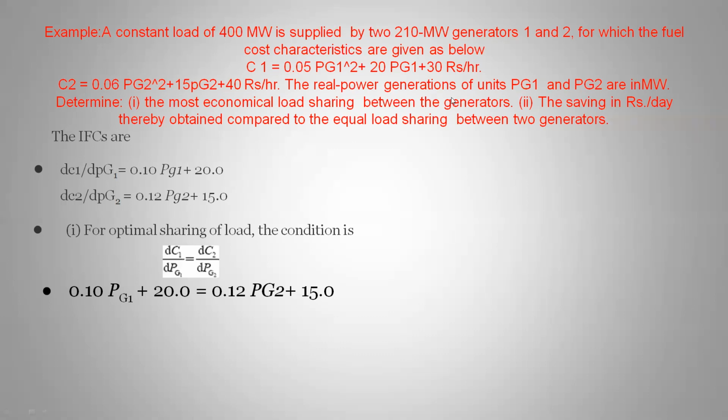The real power generations of units Pg1 and Pg2 are in megawatt. Determine the most economical load sharing between the generators. The saving in rupees per day thereby obtained compared to the equal load sharing between two generators.